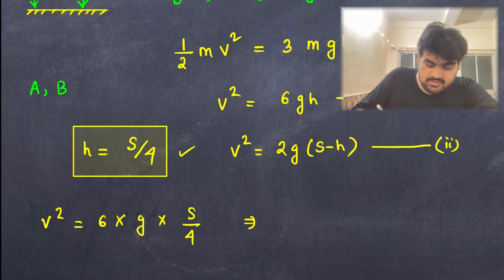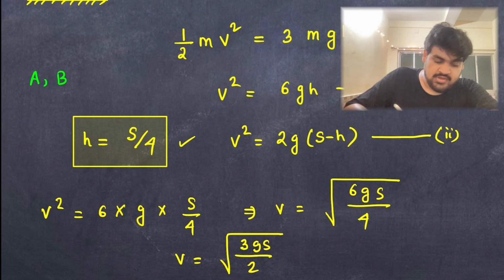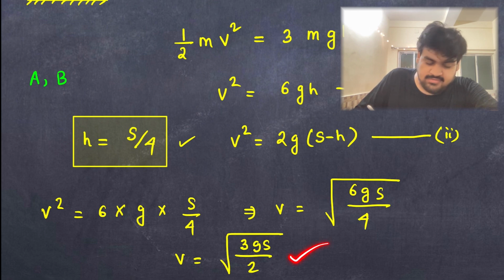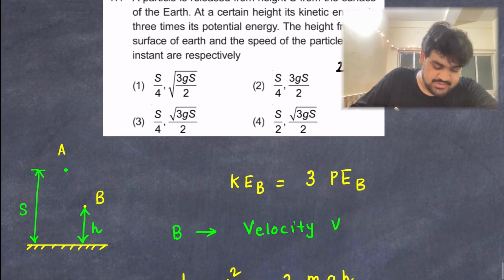So the velocity will be under root of 6gs by 4, that is, under root of 3gs by 2. So our height h is s by 4 and our velocity v is under root of 3gs by 2. So the correct answer will be option number 3.